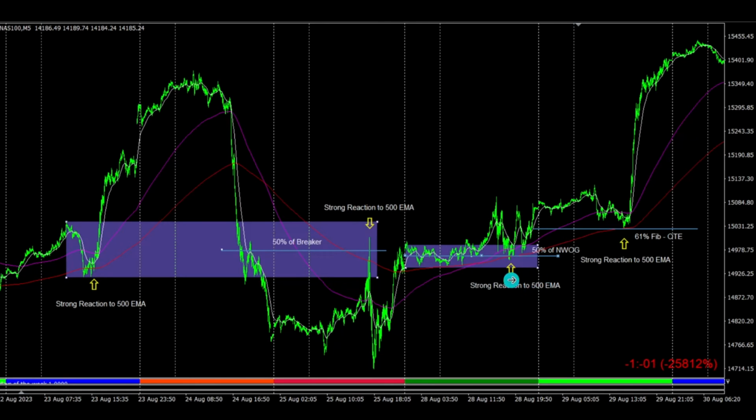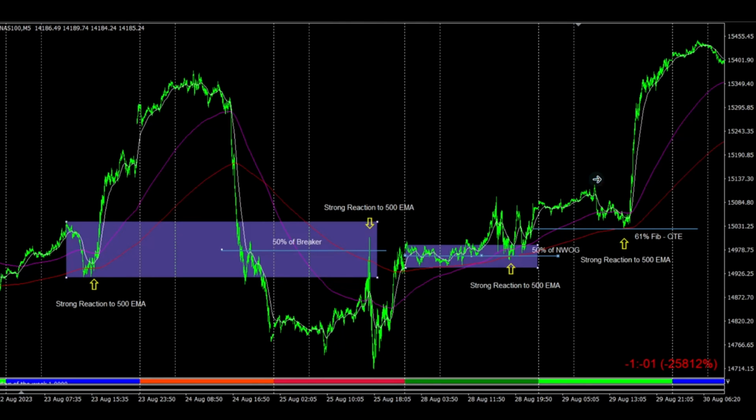Price reacted very strongly off the 500 period moving average, but if you look at it, that moving average crossed right at the 50% level of the new week opening gap. Then price came back over, and this is your retracement of 61% optimal trade entry off of this move right here, between this swing low and this swing high.